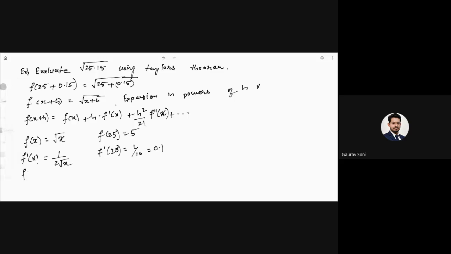F double dash of x is 1 by 2 outside, x raised to 1 by 2 minus 1 by 2. So that will be minus 1 by 2, x raised to minus 3 by 2. So f double dash at 25 will be equal to minus 1 by 4 into 1 upon 5 cube.